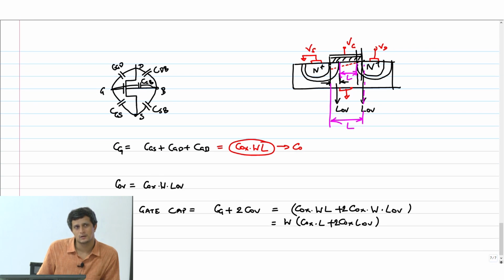No, be careful. C naught or Cox. Cox is just epsilon naught by Tox. That's why I'm saying that I'm calling that C naught.